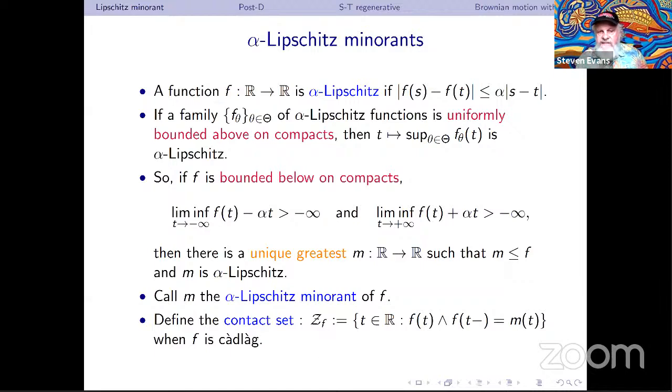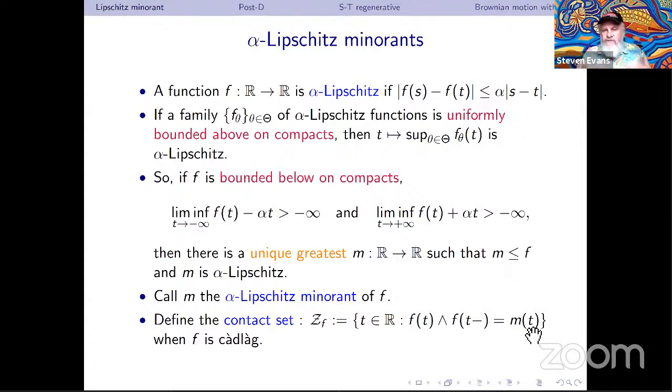And an associated object that's going to be of interest to us is the corresponding contact set that we'll call script Z of f, which will be of interest to us when f is a càdlàg function. It is the set of points in time where f of t, or the left limit f of t, is equal to the value of its alpha Lipschitz minorant.